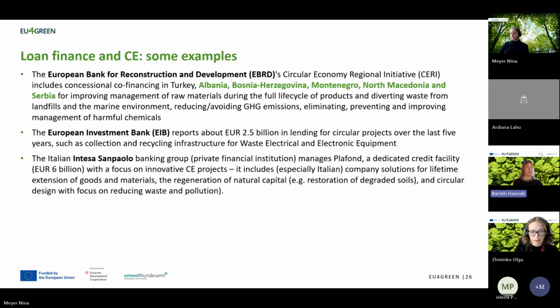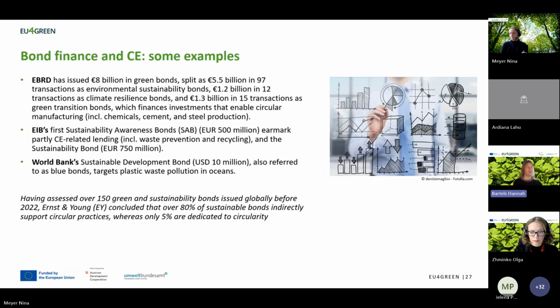Then on the next slide, we have some examples of bond financing. So we can again see that EBRD is quite engaged in that, having issued 8 billion in green bonds, of which one of 2.3 billion euros in green transition bonds is more dedicated to circular economy elements by financing investments in circular manufacturing, including sectors like chemicals, cement and steel production.